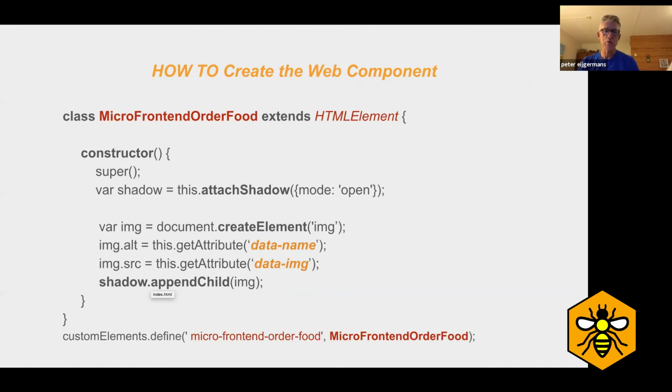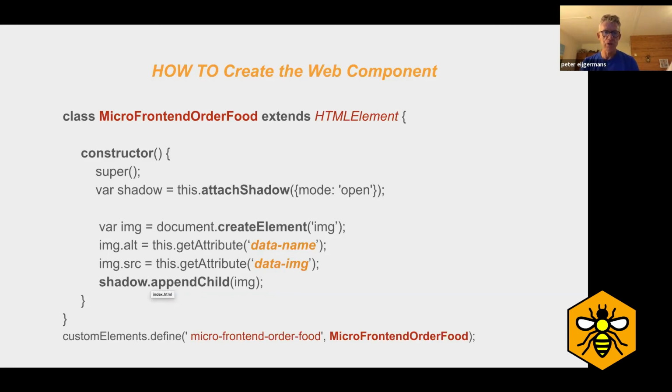So that is what you're going to do. We're going to make the tag micro frontend order food. It starts with a constructor, and in the super, we call there, so we can use all the functionality from the HTML element. I also attach here a shadow DOM, that is an encapsulated view or DOM, which is attached to the web component.